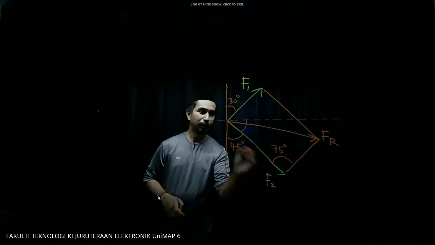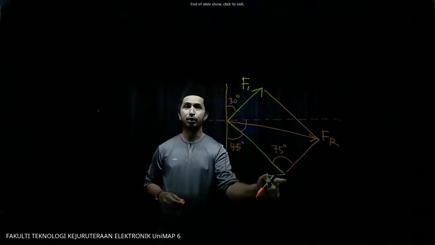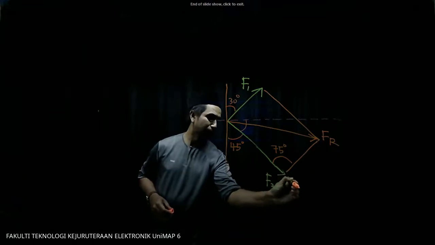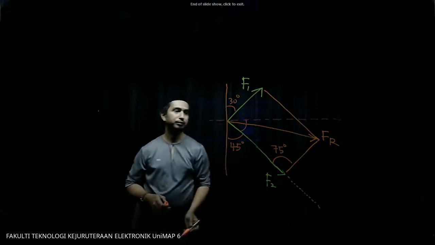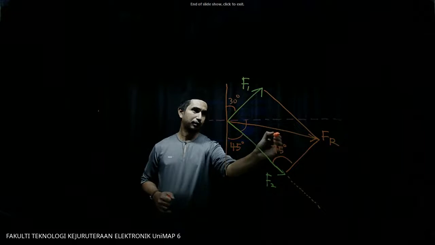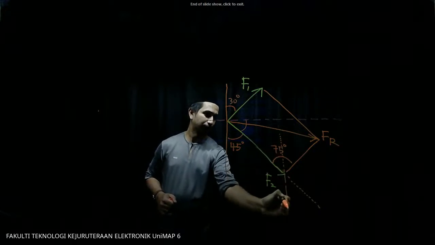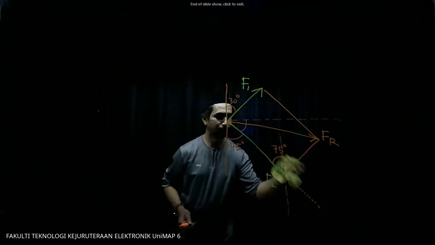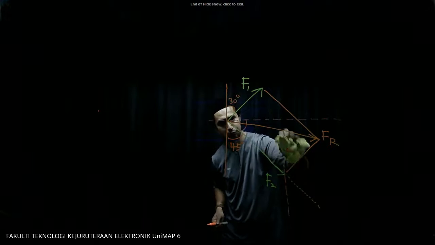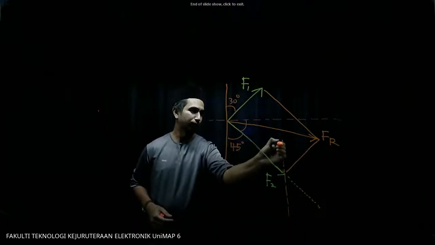If I extend my arrow here, F2, I draw another line here, and then I draw the y-axis over here. We forget first, don't put that 75. Assume that we do not know that value. So how to find that value?